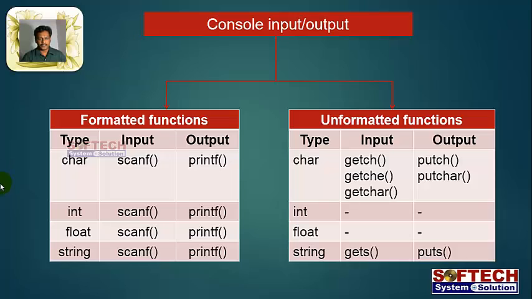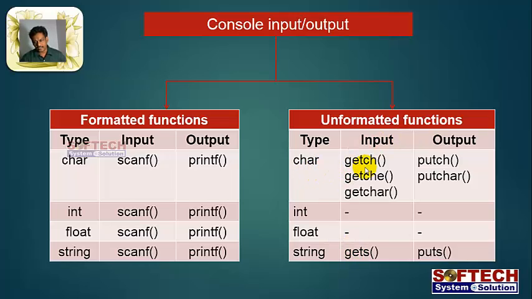If we want to get input of character, integer, float, string, we use scanf. If we want to give output to the monitor, it may be a character, integer, float, string, we use the printf function. Unformatted functions deal only with character and string. No integer, float.